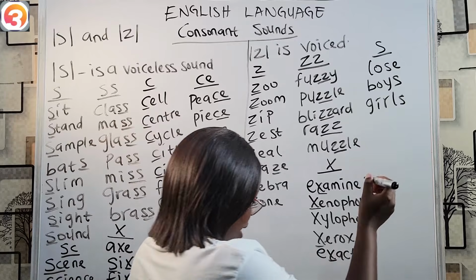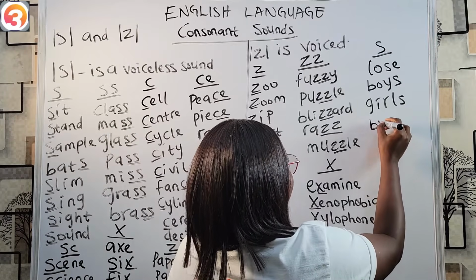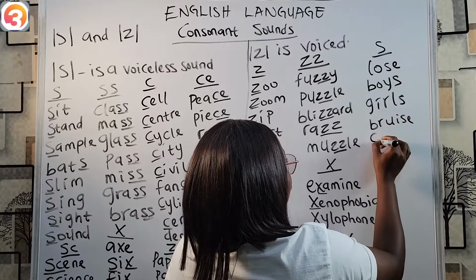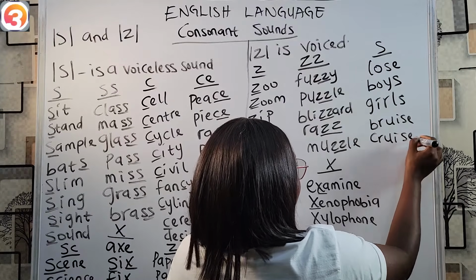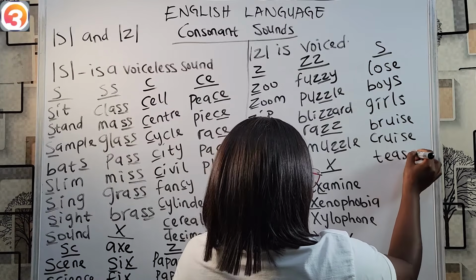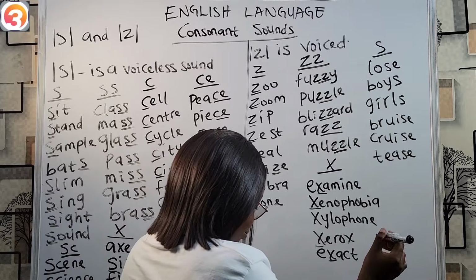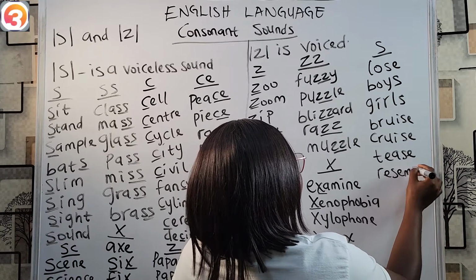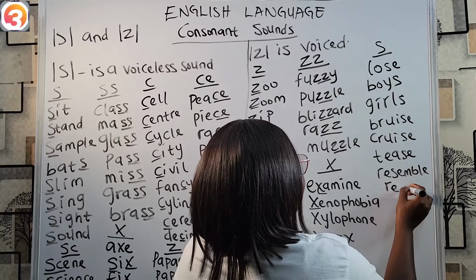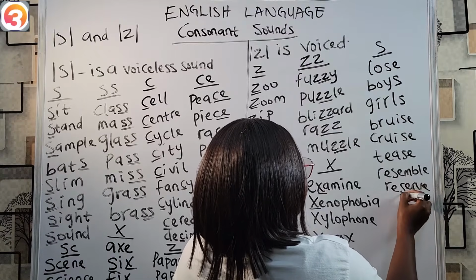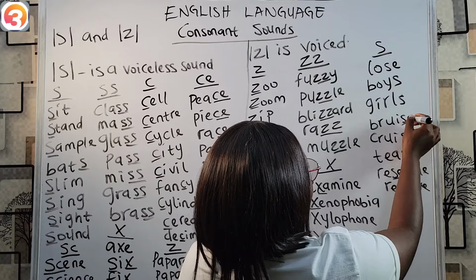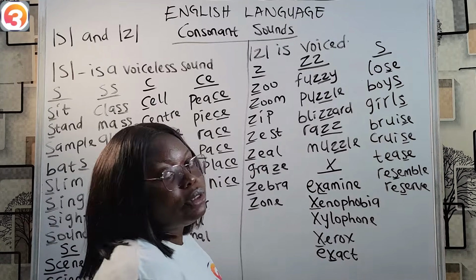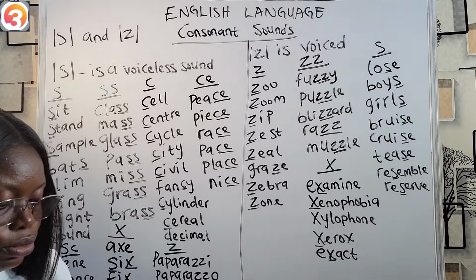Other examples, we have bruise, cruise, tease. We have examples like resemble, reserve. The S in these words contains the Z sound.